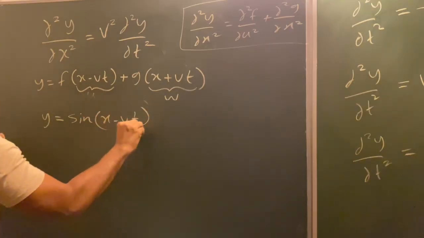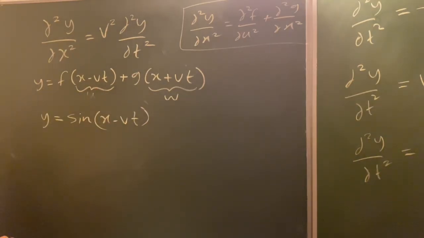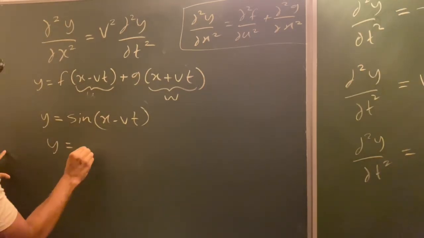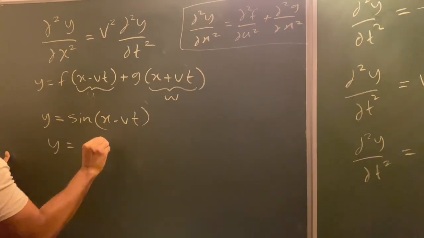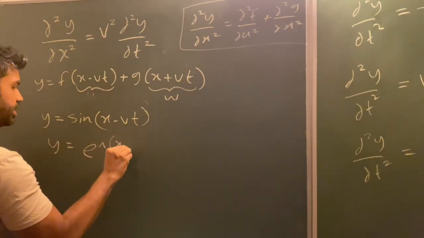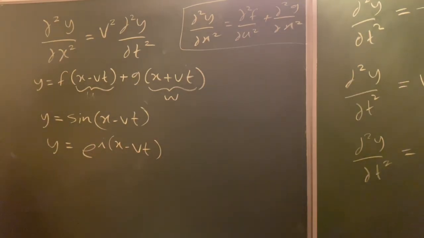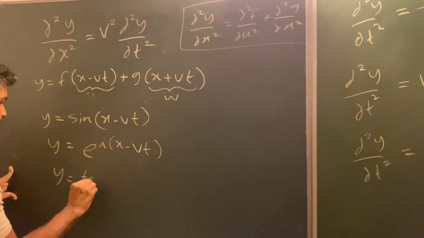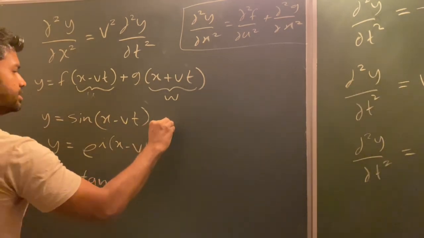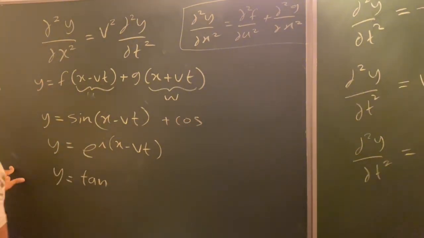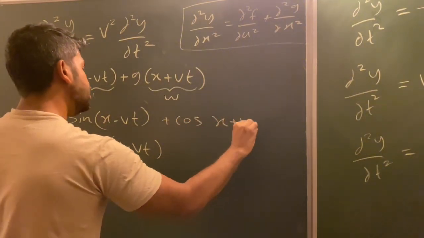Oh, that's a good solution, right? With some modification, so I'm going to modify this later on. And you can write y equals e to the power i(x minus vt). Oh, that's a perfect solution so far. And y equals tan(x minus vt), and you can add cos, another function like (x plus vt).